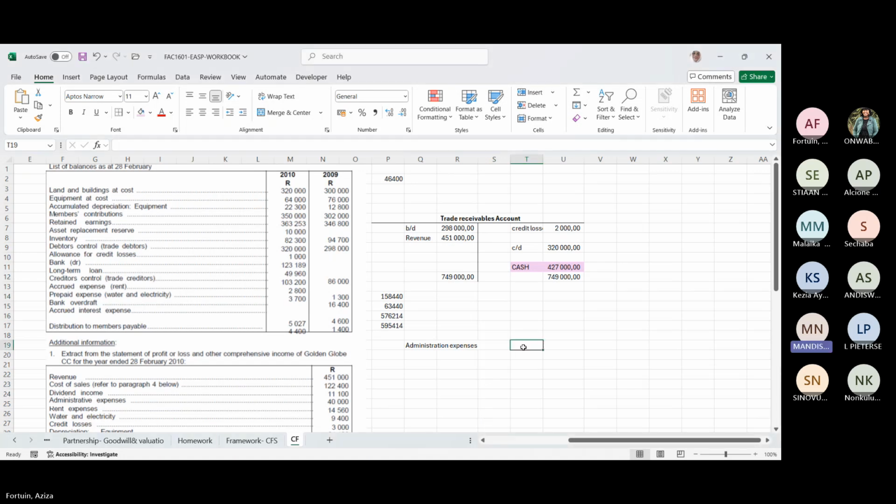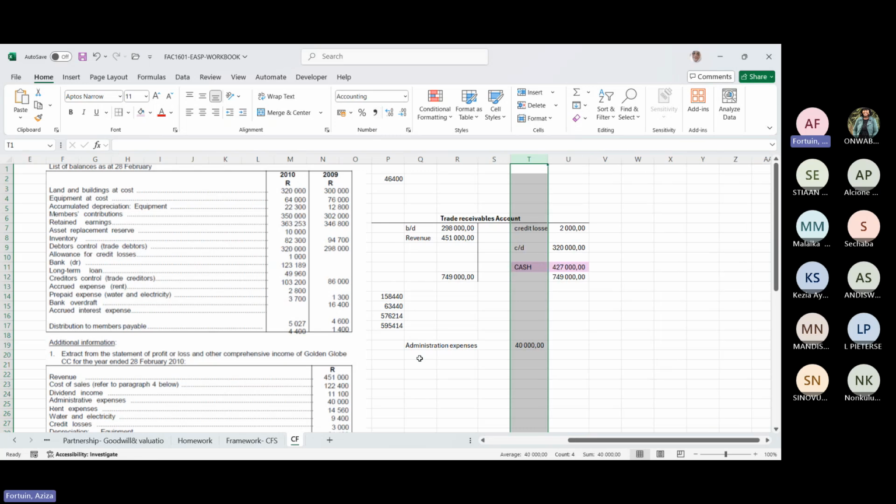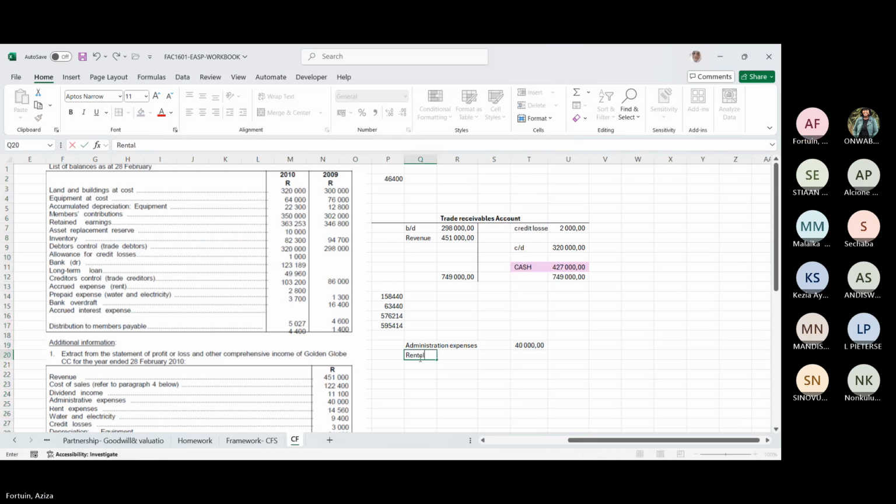It's 40,000. How much is the rental expense? It's 14,560.